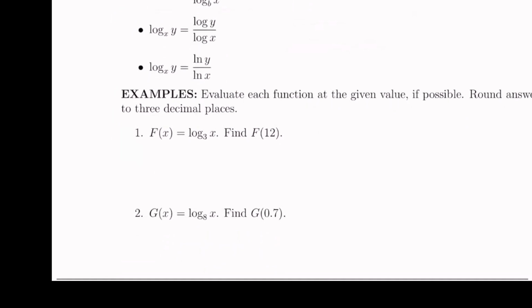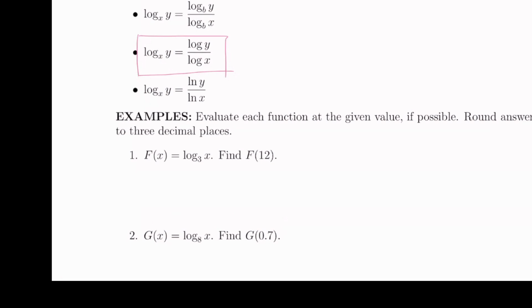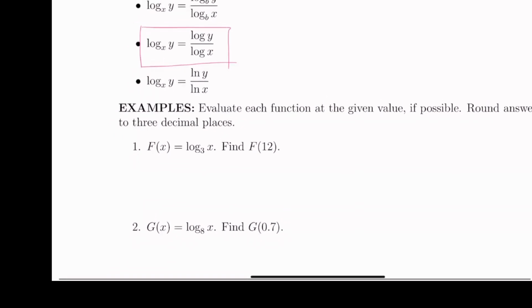But your best bet and your fastest bet is to use the change of base formula, which allows us, when we are trying to find log base x of y, to use a common base for both and do log of y over log of x.